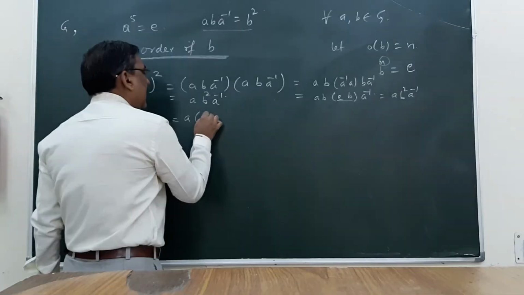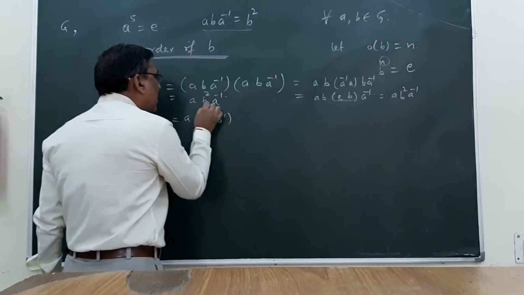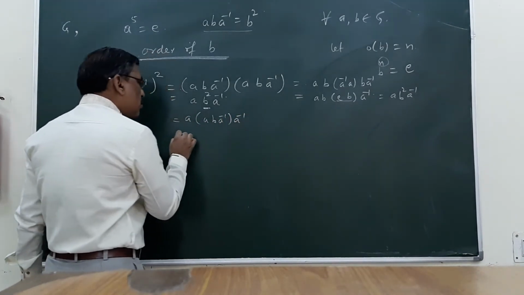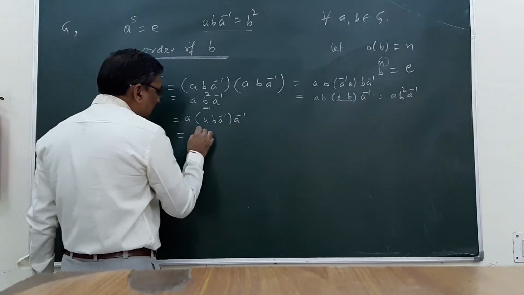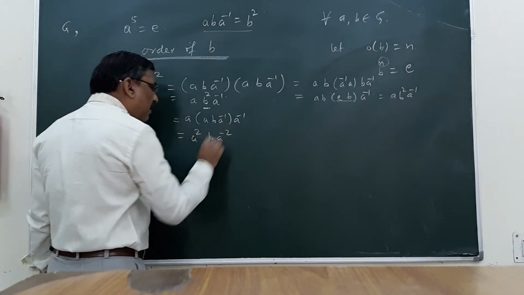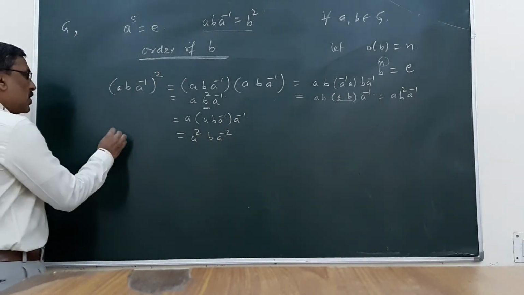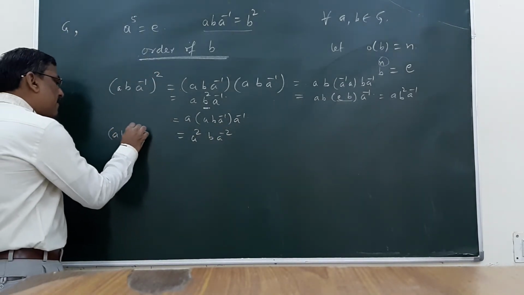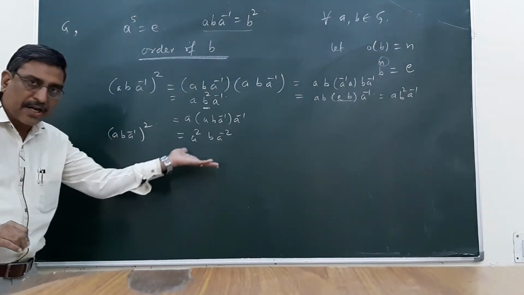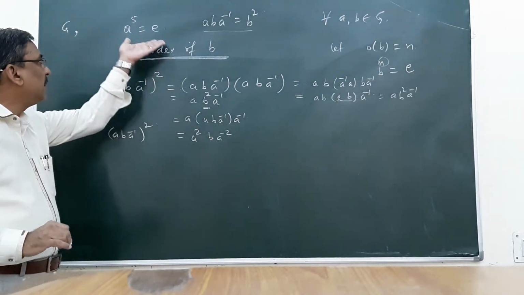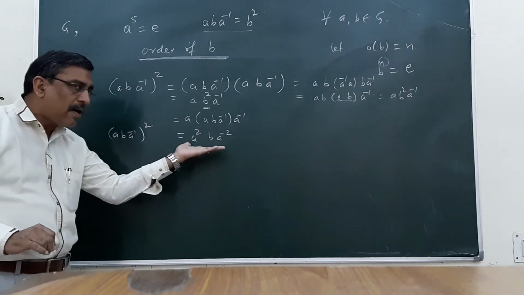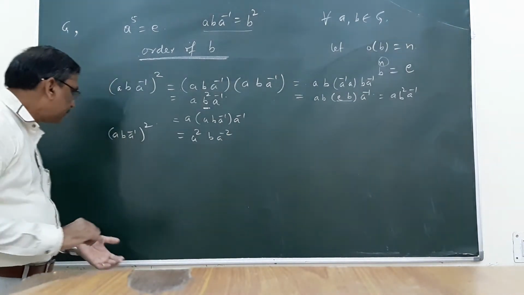I can write a b a inverse instead of b square, a b a inverse and a inverse. So this will give us a square b a raised to the power minus 2. So squaring this I get this result. Here the power of a increases, as we need this type of power. So we are trying to increase the power of a and a inverse.